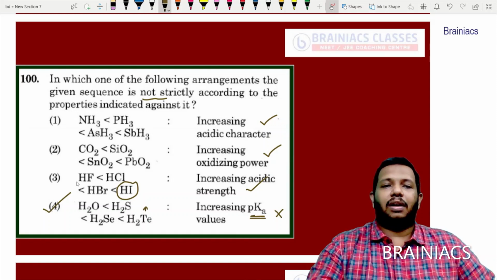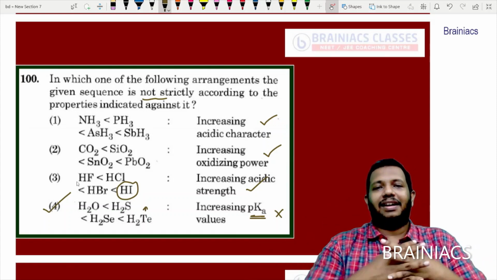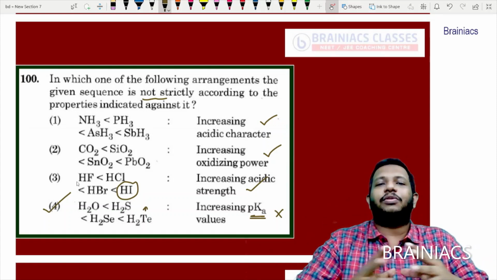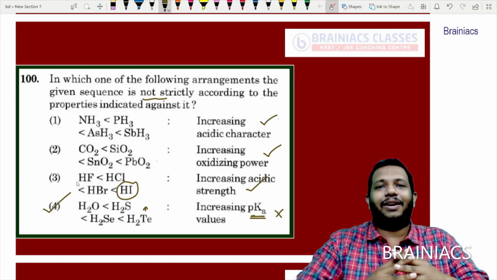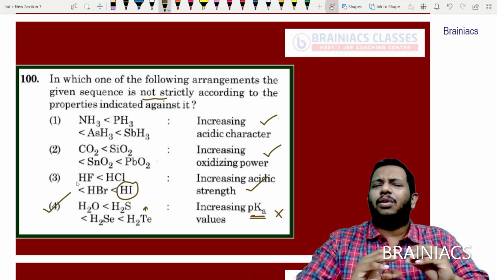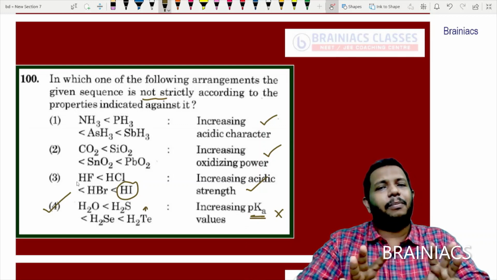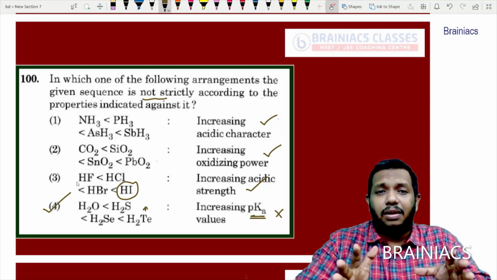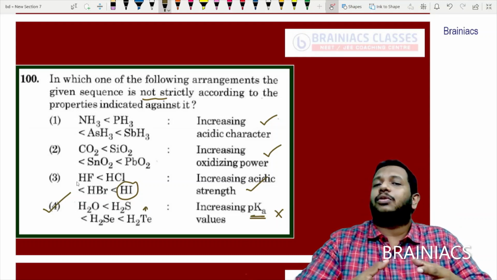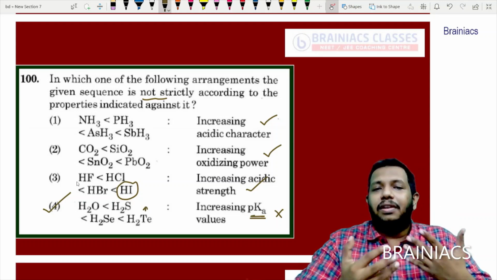So with this one, we are winding up our NEET 2021 question discussion for chemistry. I hope all of you have scored above 43. I'm sure about it. It was a very easy paper, completely from the NCERT textbook and completely from our theory lectures, where we have focused on exactly the same points. So I am again telling every student, don't worry.